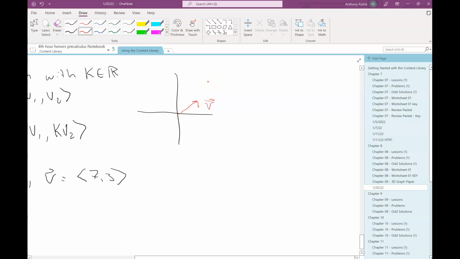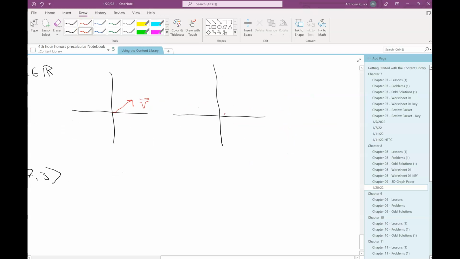If this is vector v, what if I wanted 4v? You'd just stack them one on top of another.